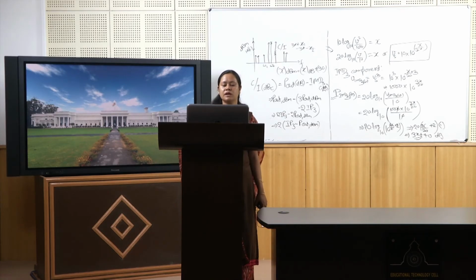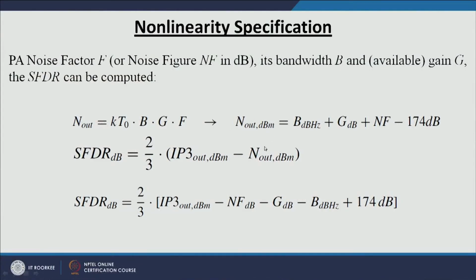Now, this SFDR can be computed in terms of the noise factor. If you remember our earlier lectures, we have covered this topic, when the output from the chain of these components in a transmitter, or in this case receiver, depends on the total gain of the system, the noise figure of all the systems, and the input noise which is calculated as minus 174 dB.